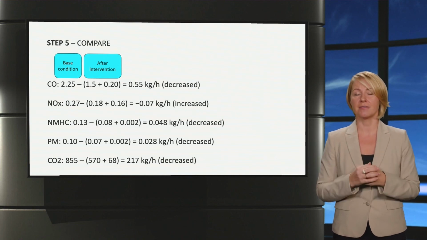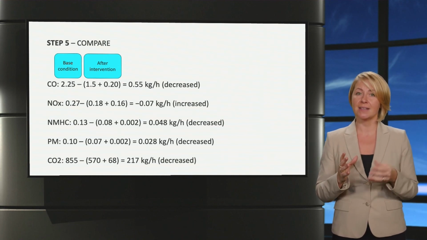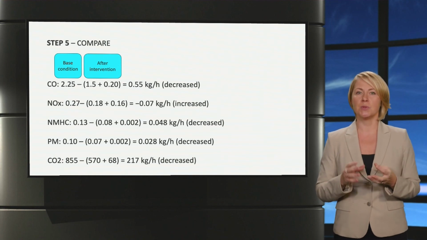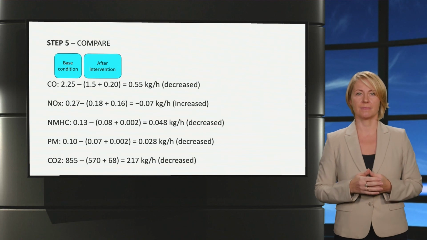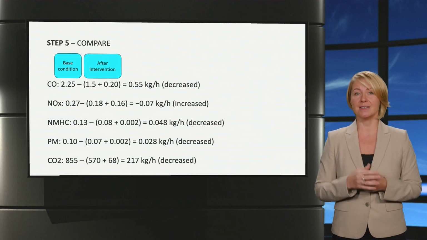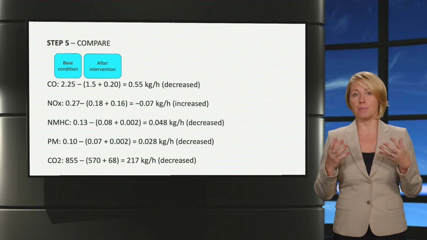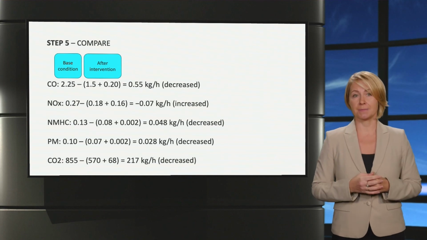And that's step 5. Step 5 aims to evaluate the variation in emissions between the baseline and the alternative scenario after the intervention. So we simply subtract these numbers and we see that most of them but one decreased.